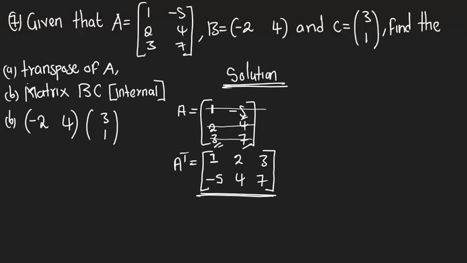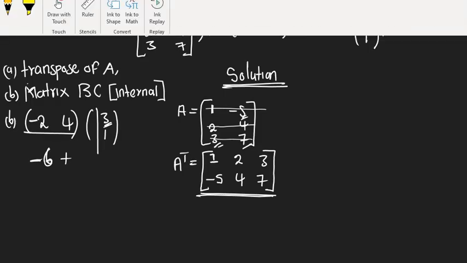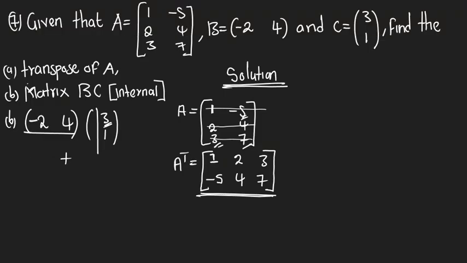So negative 2 multiplied by 3, negative 6, plus 4 multiplied by... so you're multiplying row by columns. This negative 2 is multiplying this 3, it's giving us negative 6.